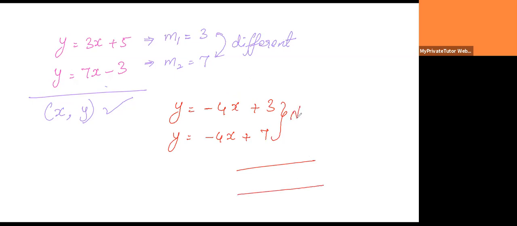These two equations won't get an answer; there is no solution because the lines never intersect. So we can also confirm by looking at the equations itself, using the slope values. If slopes are different, we will get the value. If slopes are the same, we don't have a solution. So that is no solution.